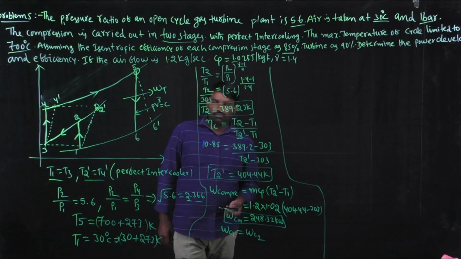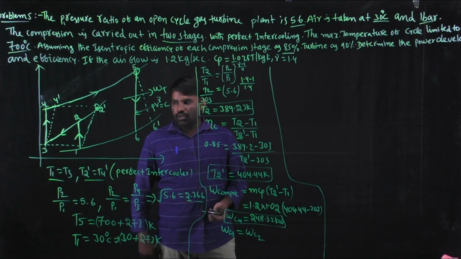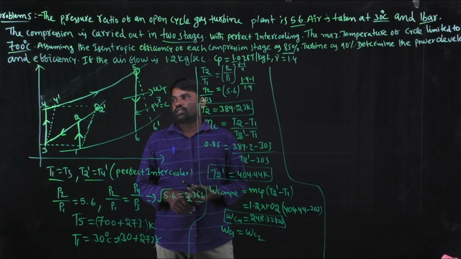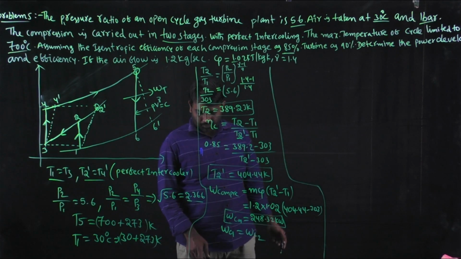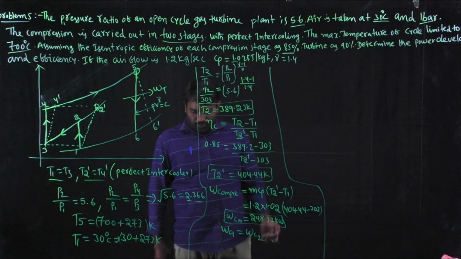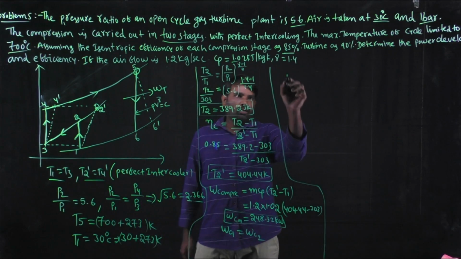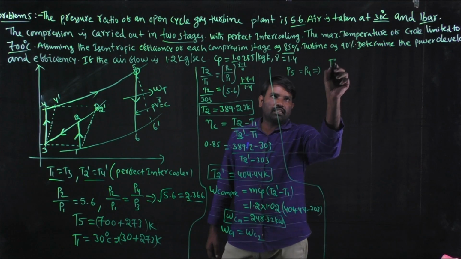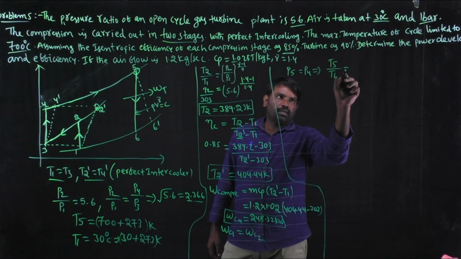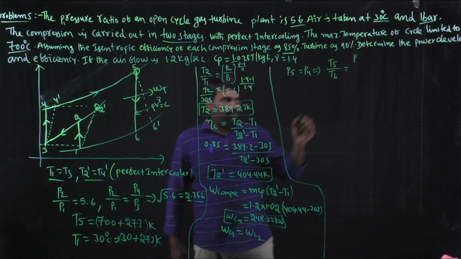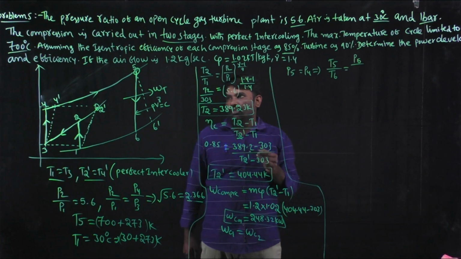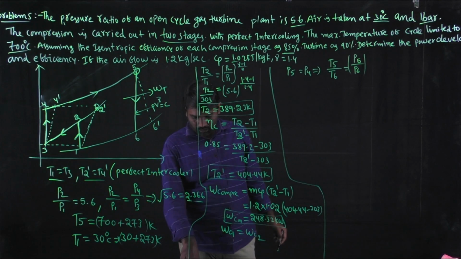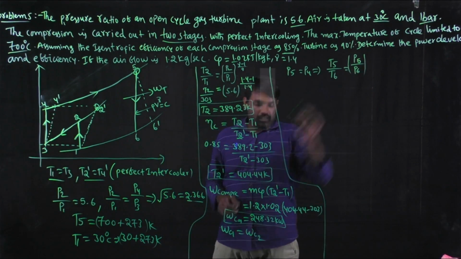Up to now we completed finding the terms T2 and T2 dash. We have to evaluate the unknown temperatures, that is T4 and T5. We have the pressure ratio P5 by P4, where P5 is equal to P4, we know the relation. For turbine expansion, T5 by T6 is equal to (P5 by P6) whole power (gamma minus 1) by gamma.